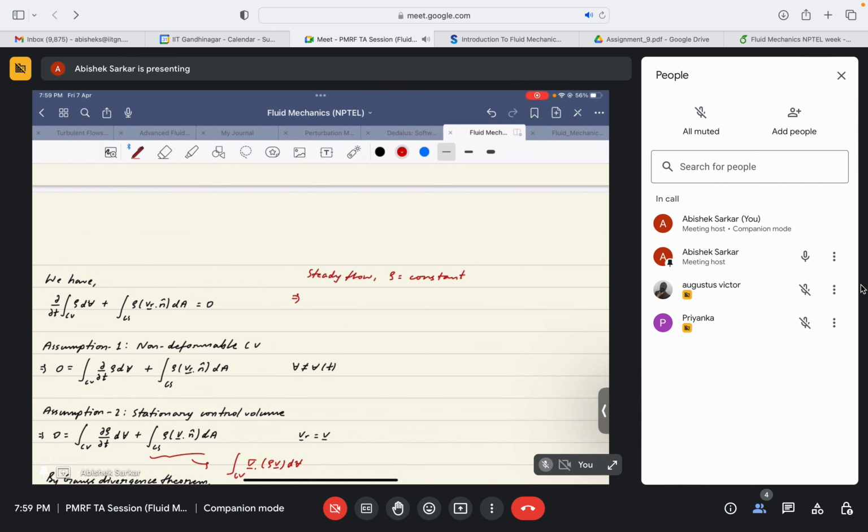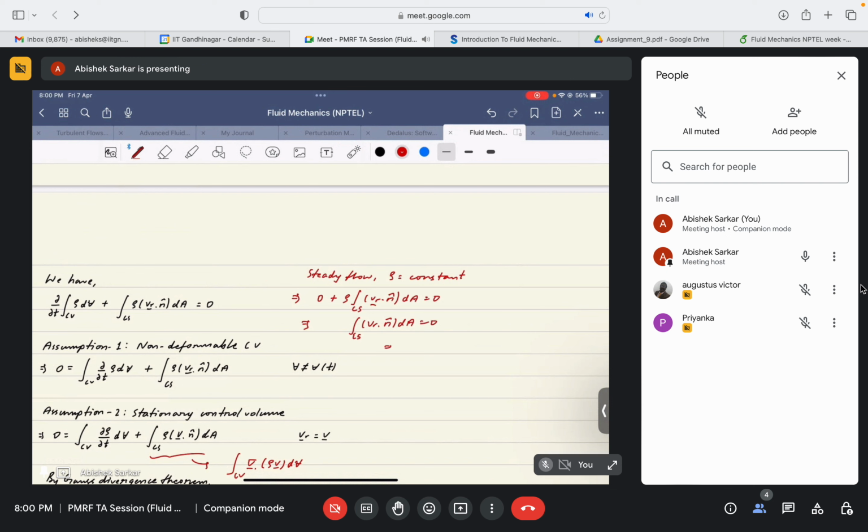Yes, sir. The first term will be equal to 0, and the second term will have rho out, so it will just be rho of Vr dot n cap dA equal to 0. So it will essentially give us the surface integral of Vr dot n cap dA equal to 0.